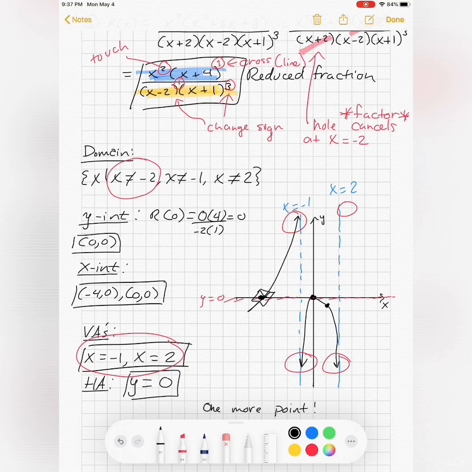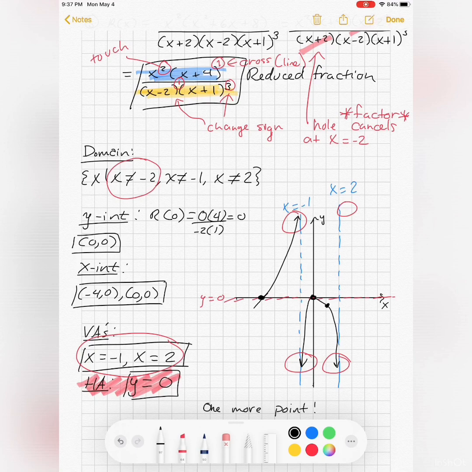Okay? However, be careful. So does this go down like that? No, it cannot, because remember on the ends, the graph must approach its horizontal asymptote. So it does not dip down like that.